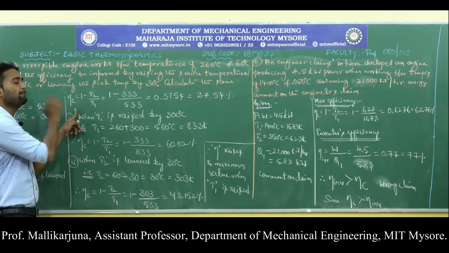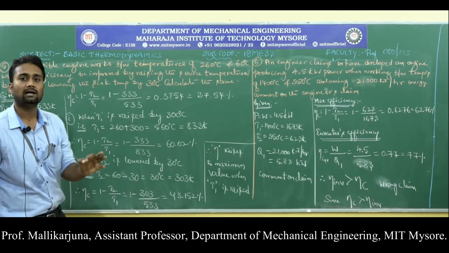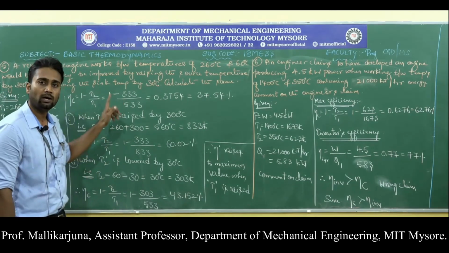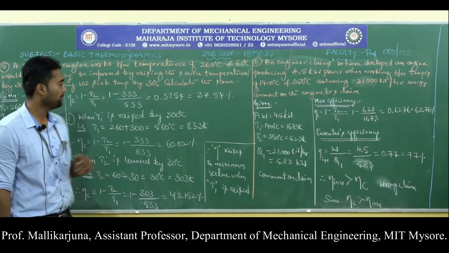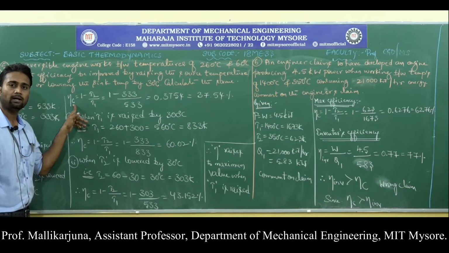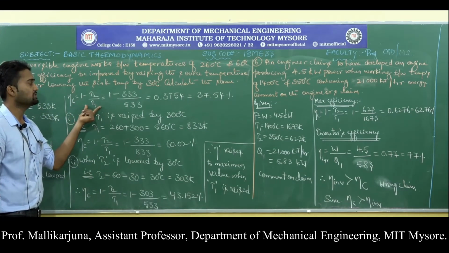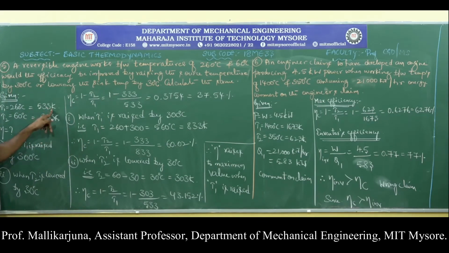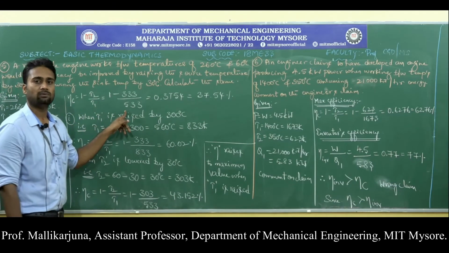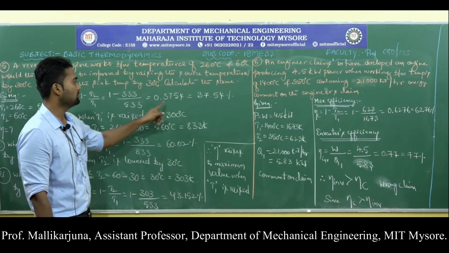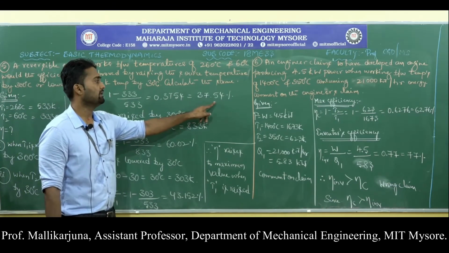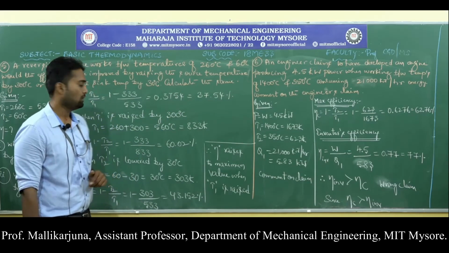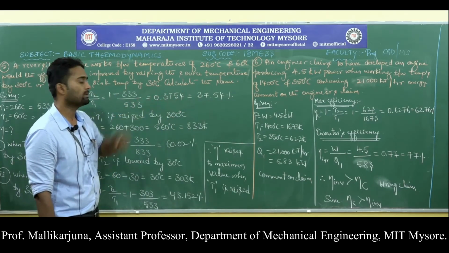Now let us find the maximum efficiency that an engine, that too a reversible engine, can have. What is that efficiency? It is nothing but the Carnot efficiency, 1 minus T2 by T1, 1 minus 333 for T2, 533 for T1, in terms of absolute temperature Kelvin. So we have the efficiency of 37.54 percent. What do you mean by this 37.54 percent?